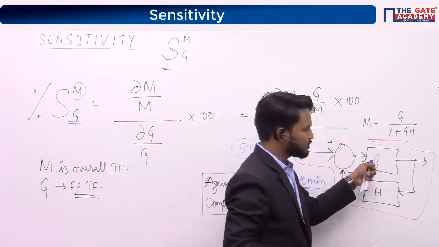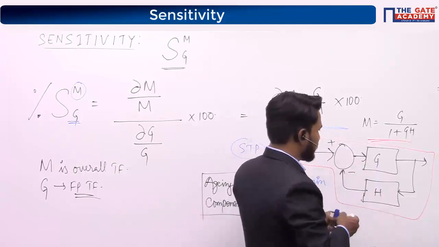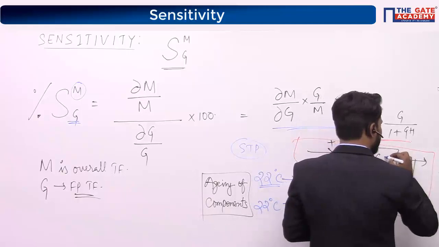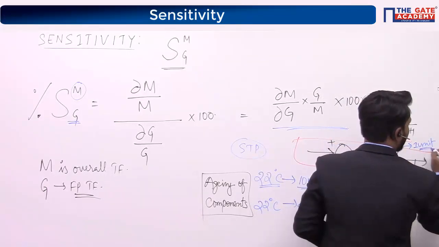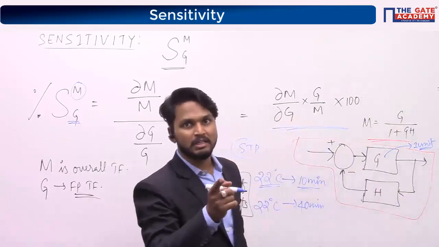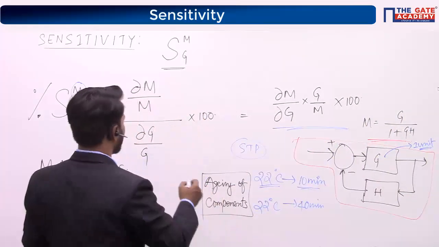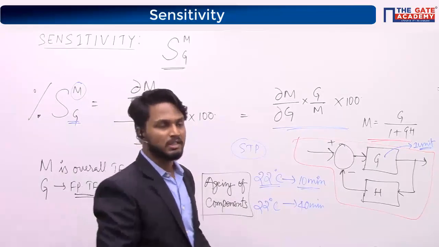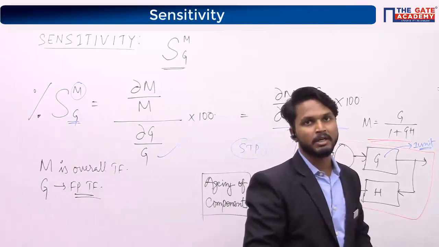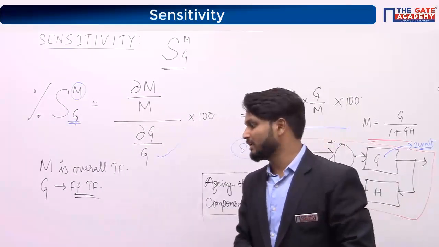if there are any changes in G, let us say there is 1 unit change in G, for 1 unit change in G, the overall transfer function changes by how many units? These many units. That is what sensitivity is saying directly.